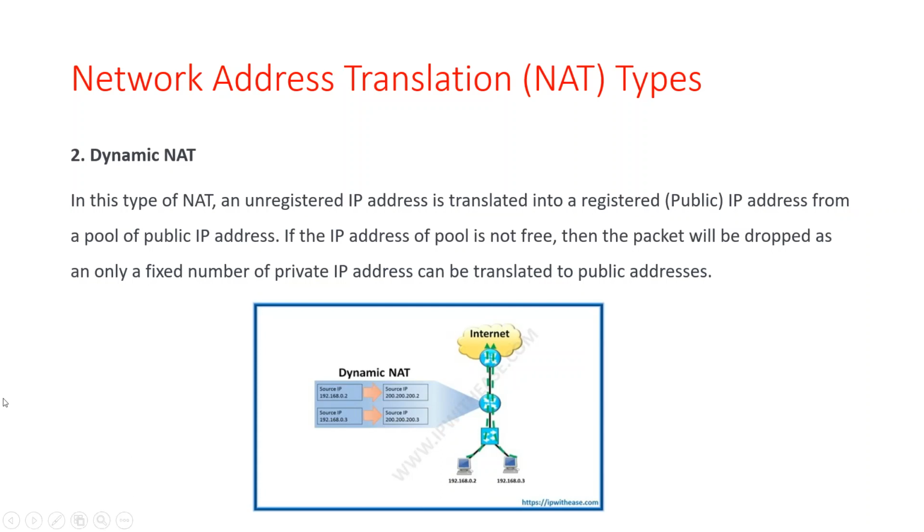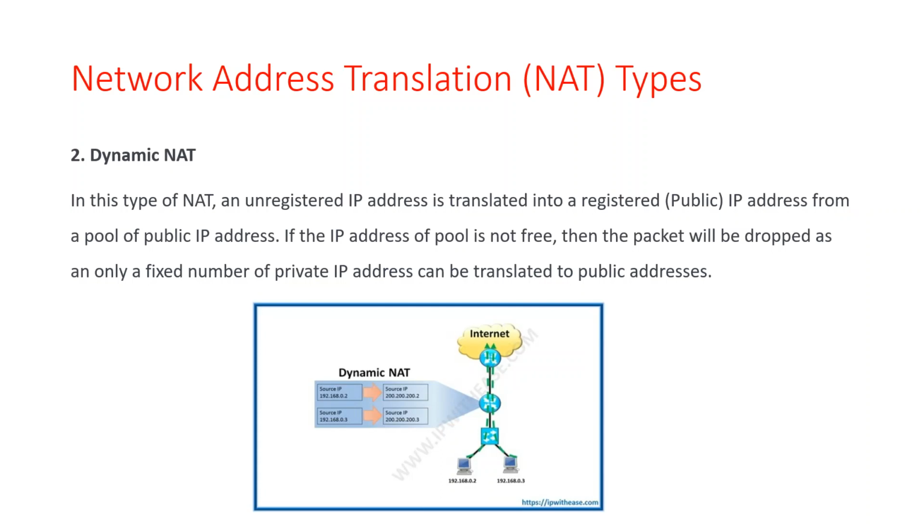There is one scenario that shows dynamic network address translation configured on a router for giving internet access to the hosts. Here the private IPs are 192.168.0.2 and 192.168.0.3. These are the two private IP addresses, and the NAT router translates the private source IPs of the LAN endpoints into public IPs.